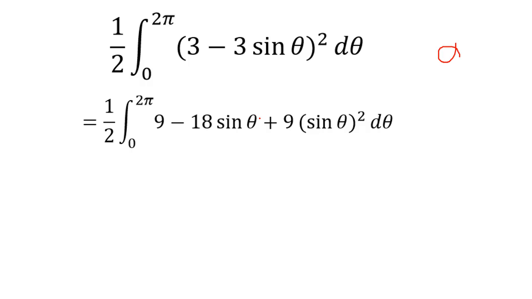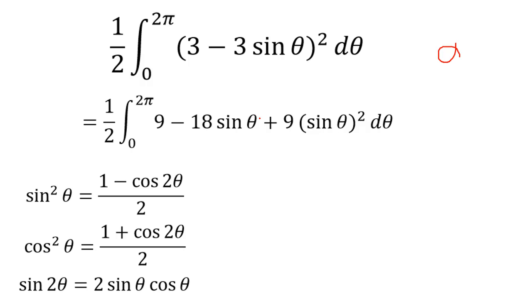For me, I remember this identity: sine squared theta equals (1 minus cosine 2 theta) over 2. So I use this to replace into this.